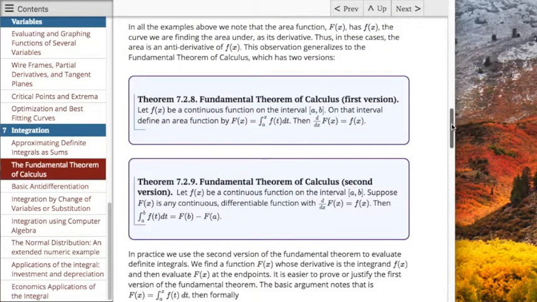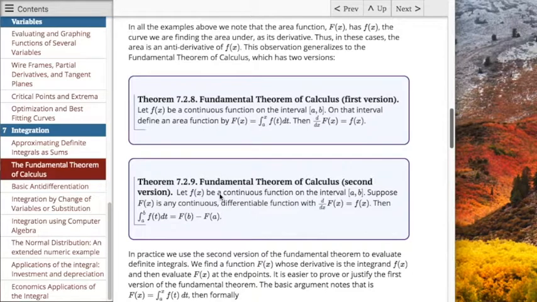There are two versions of the fundamental theorem of calculus. One version says, if I have a nice enough function, so f of x should be continuous on an open interval, if I wanted to find the area function, then it's going to be a function whose derivative is back to the original function. If I picked a different starting point, that would give me a change by a constant.